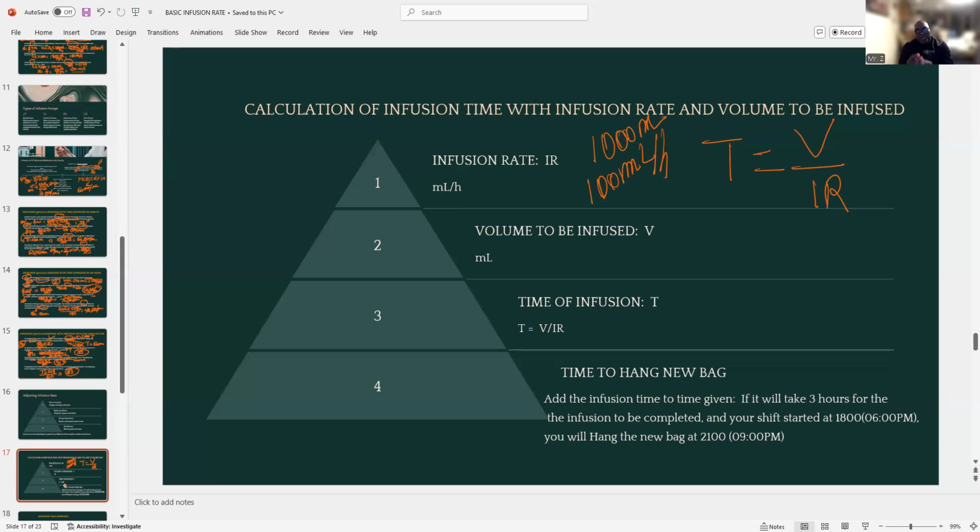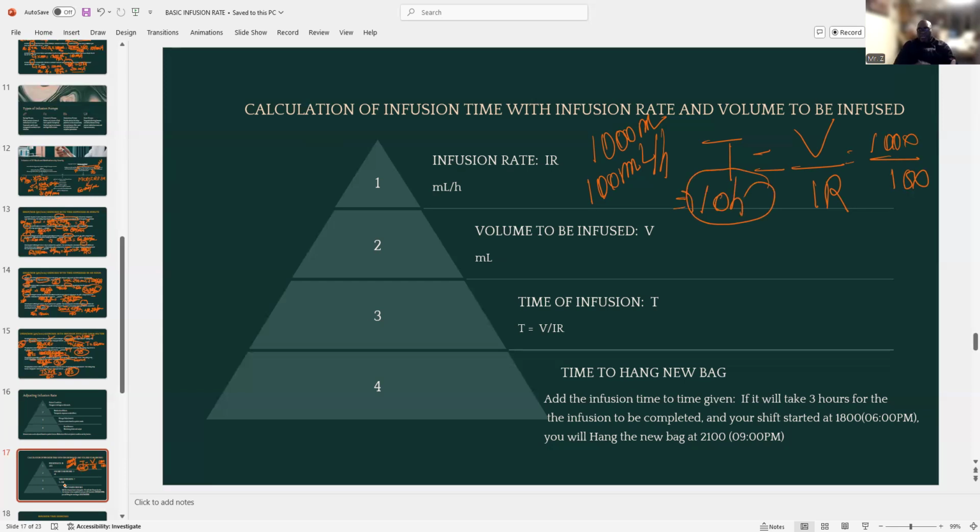After 2 hours, we will infuse 200. After 3 hours, we will infuse 300. So after 10 hours, we will infuse 1,000. To do that, simple, get the volume divided by the infusion rate. So you're just going to do 1,000 divided by 100. And then you will have 10 hours to complete the infusion.